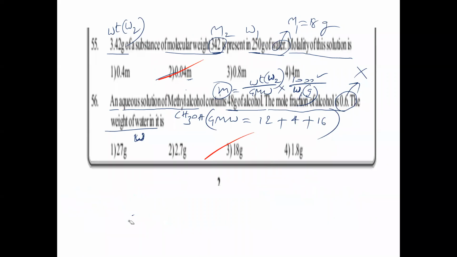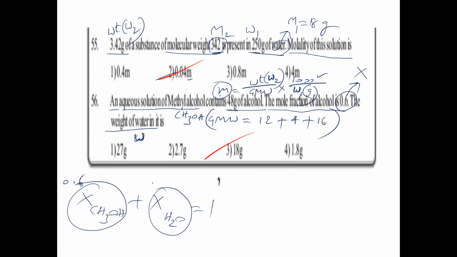Alcohol means methyl alcohol only here. So what is the formula generally? The mole fraction of methyl alcohol plus the mole fraction of water must be equal to 1. Here the alcohol mole fraction given is 0.6. Now the mole fraction of water is 0.4. How much is the mole fraction of alcohol given?